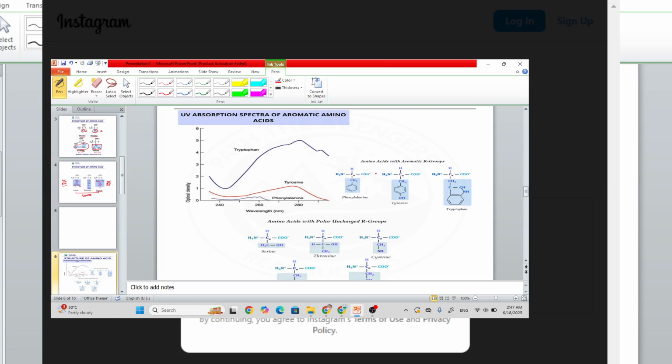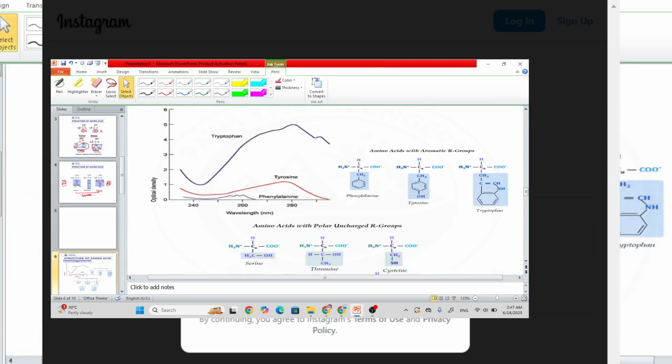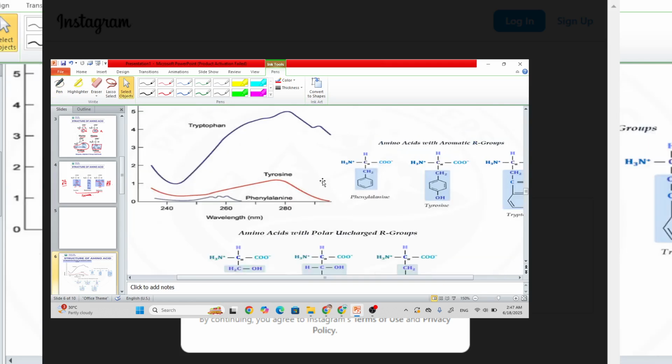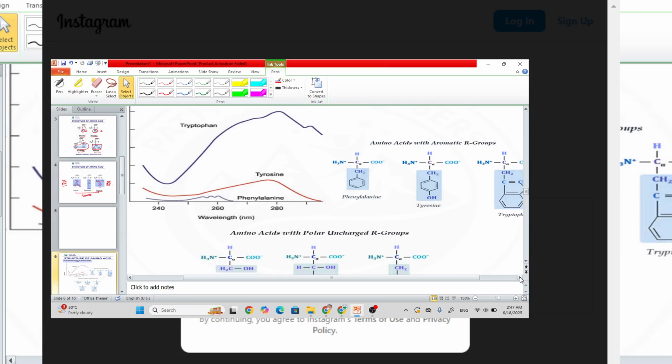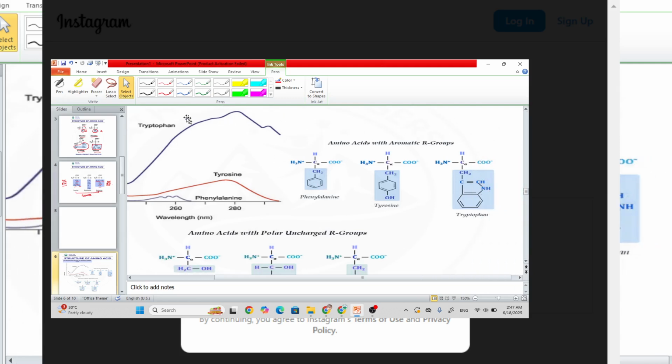These are not negative amino acids, these are aromatic amino acids. This one is phenylalanine. Let's zoom in to see the structure. Okay, this is the structure of phenylalanine, then tyrosine and tryptophan. In tyrosine the R chain contains an OH group, and tryptophan is more complex. These R chains differ from each other.